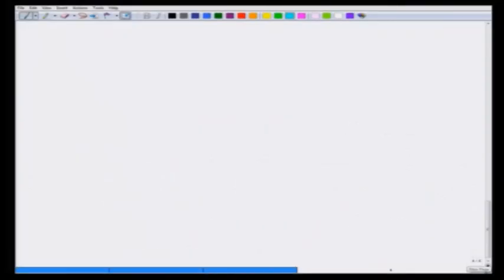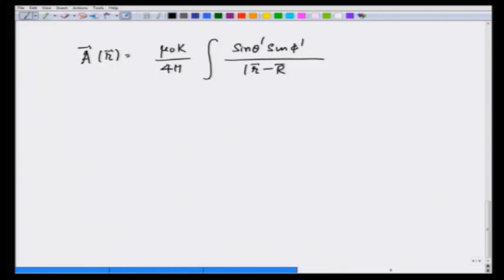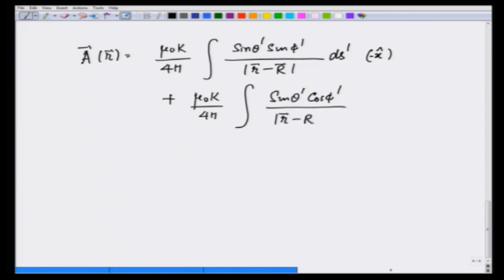So, right now what I have is A equals mu naught k over 4 pi integration sin theta prime sin phi prime over |r minus R|, where this capital R vector includes theta prime and phi prime, ds prime in the minus x direction, plus mu naught k over 4 pi integration sin theta prime cosine phi prime over |r minus R| ds prime in the y direction.